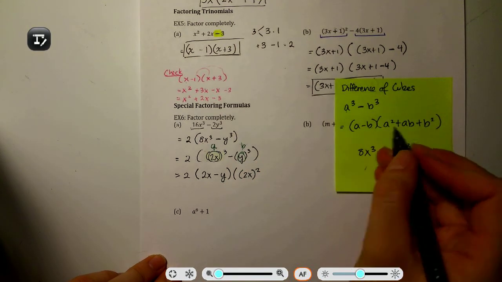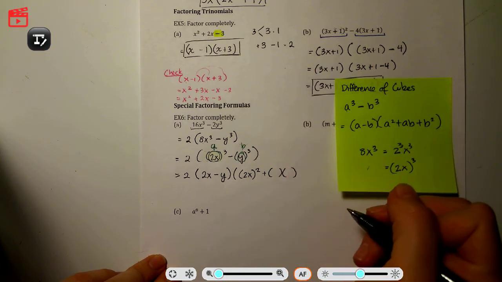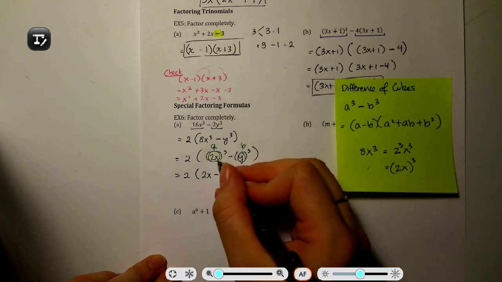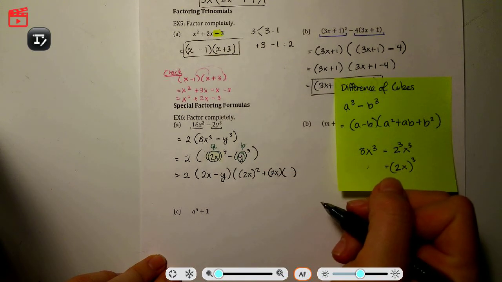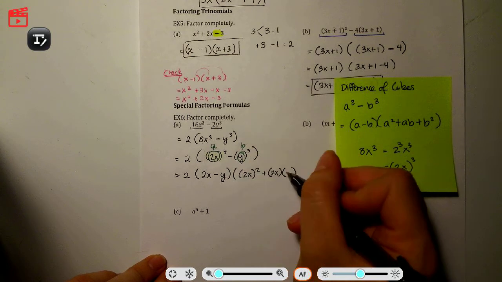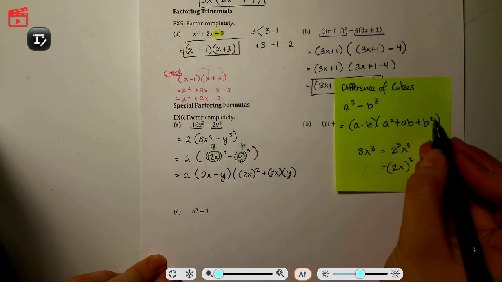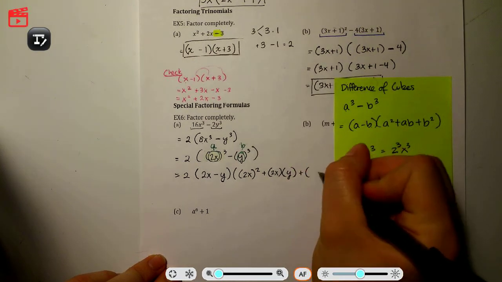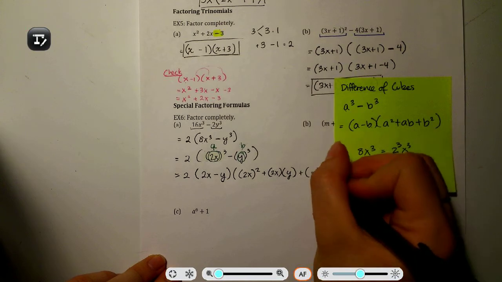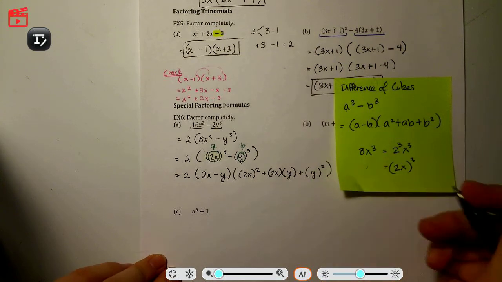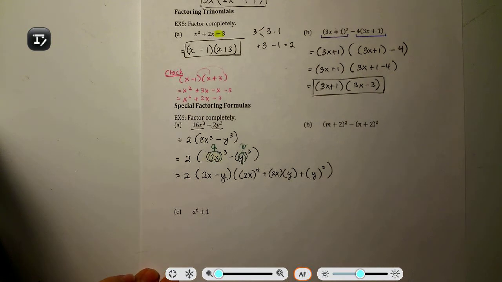Then we're going to add to it my a value times my b value. My a value is 2x, and my b value is y. Then we're going to add to that our b squared. So plus my b value squared. So my b value was y. Alrighty. And there we go. We have used that formula.